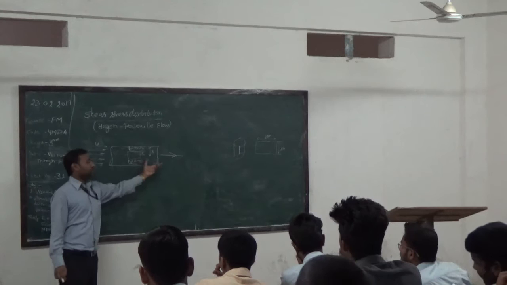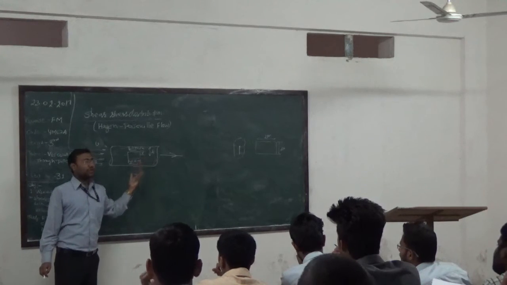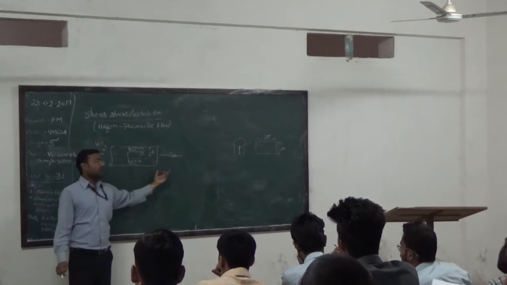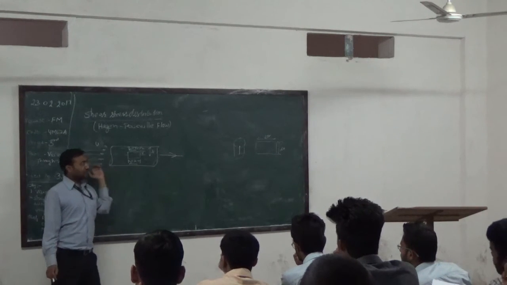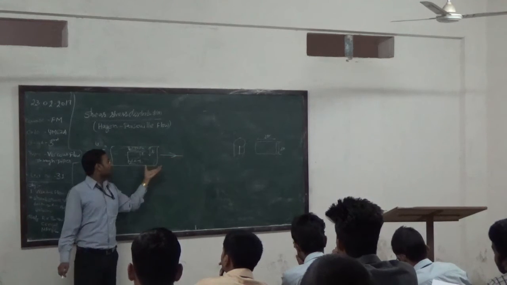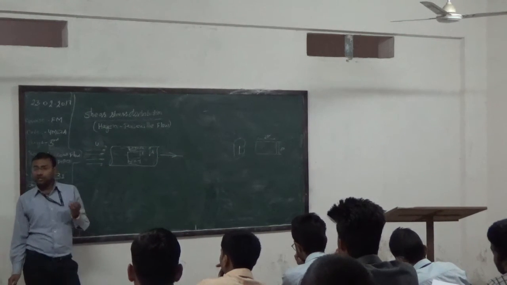The flow is taking place because of pressure difference. The pressure at entry is more and the pressure at exit is less. That's why flow is moving from this to this. So flow is moving due to pressure difference.